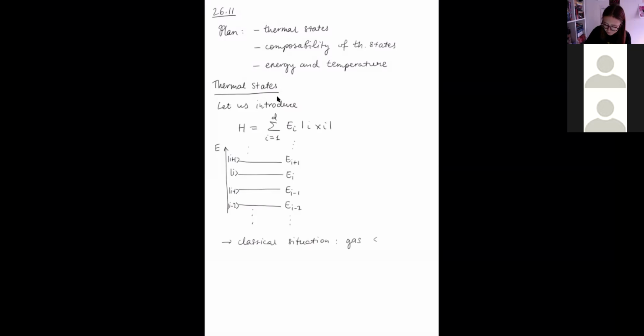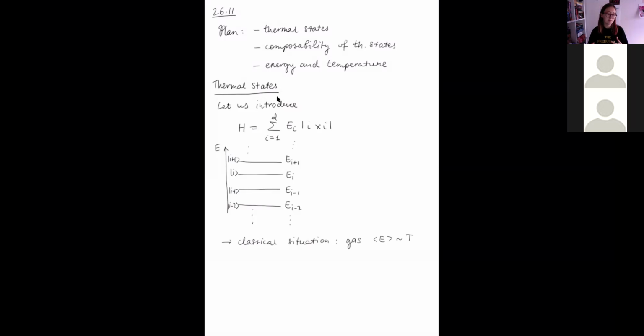So the average energy of a gas particle is proportional to the temperature, and it is the temperature that defines how fast the particles in the gas are.